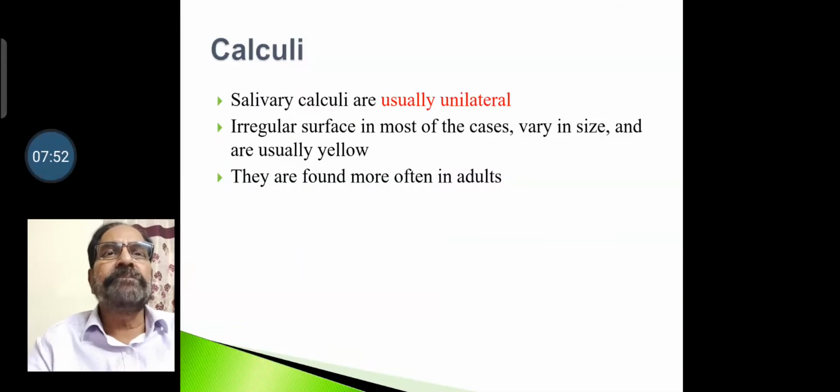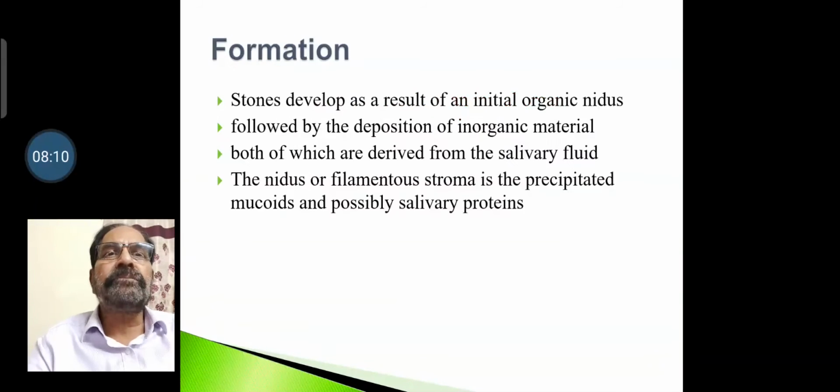Coming to calculi. Salivary calculi are usually unilateral. Irregular surface in most of the cases, vary in size and are usually yellow. They are found more often in the adults. Formation.